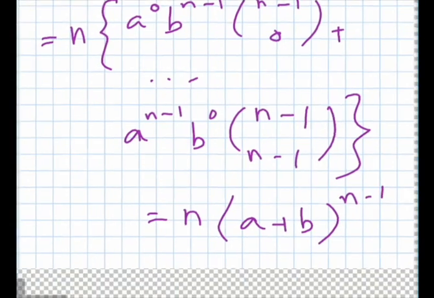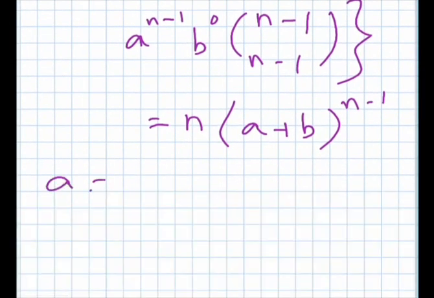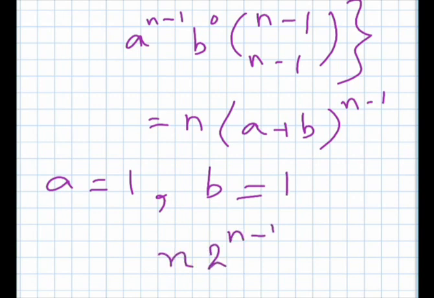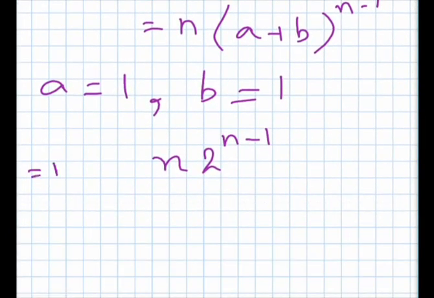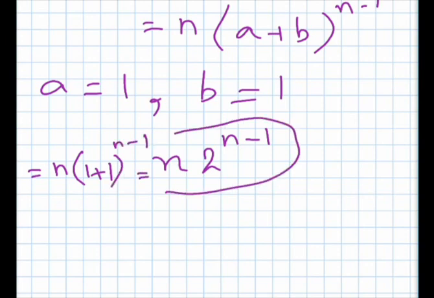In our case we have a equal to 1 and b equal to 1. So this means we get n times 2 to the n minus 1, or if I want to do one more step, n times 1 plus 1 to the n minus 1, which is equal to n times 2 to the n minus 1. So this is another way to do that.